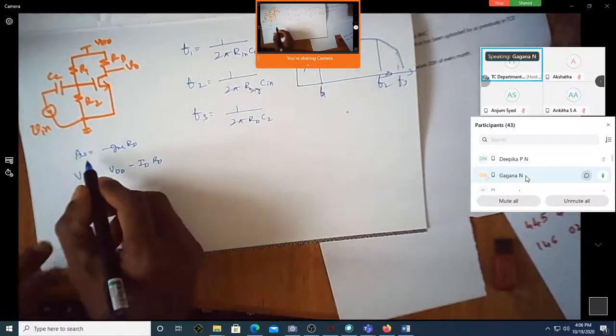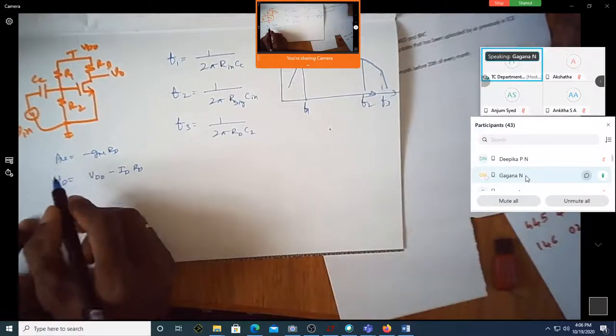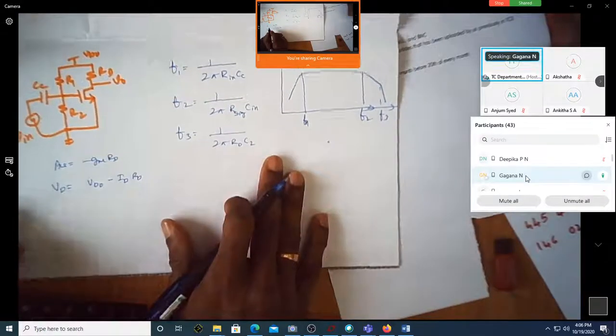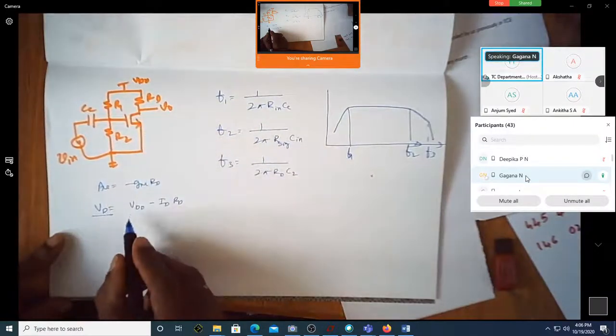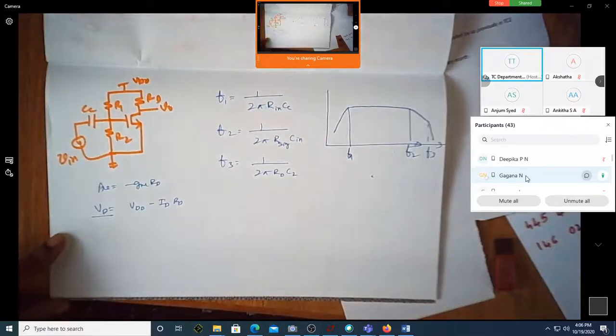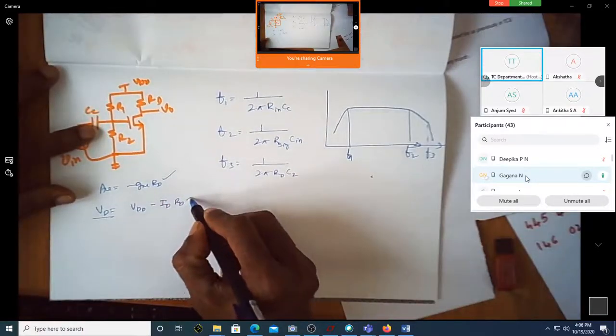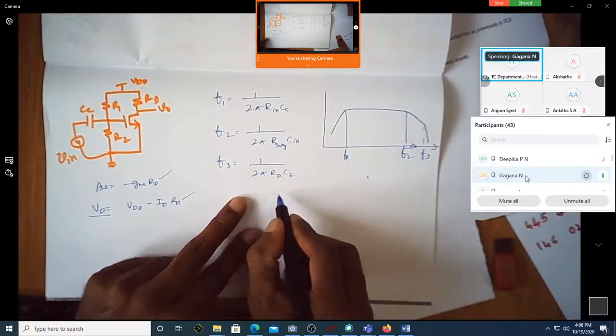And we also know that the voltage gain, which is V naught by V in, is given by minus Gm into RD, and this VD, that is the voltage at the drain point, is given by VDD minus ID into RD. So why are these two important?